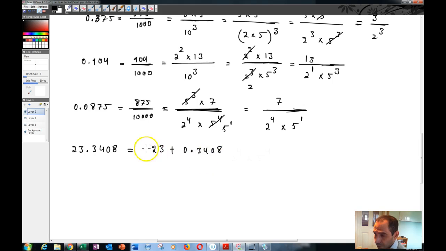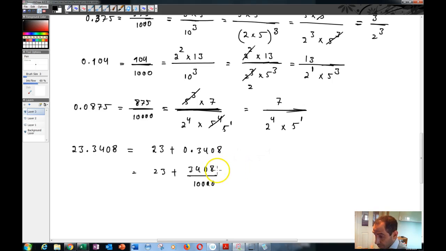You don't need to do much about 23, so you can write it as it is, and then 0.3408 you can write as 3408 divided by 10,000, right?